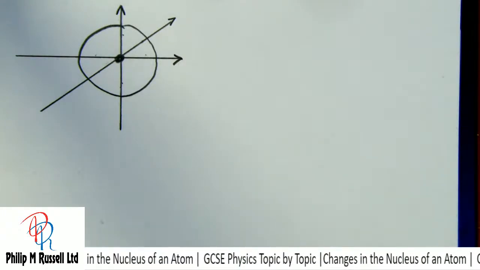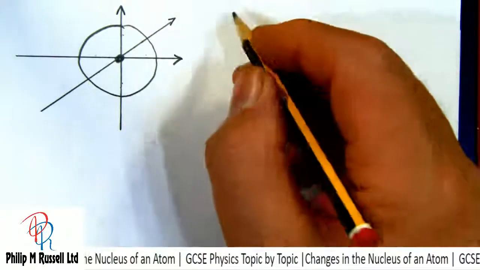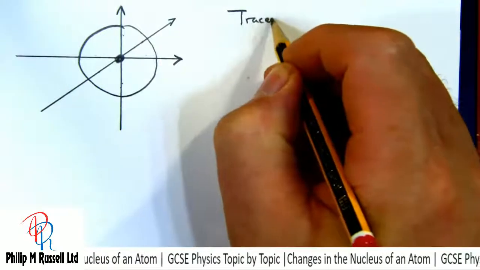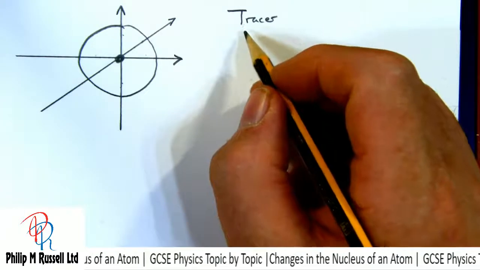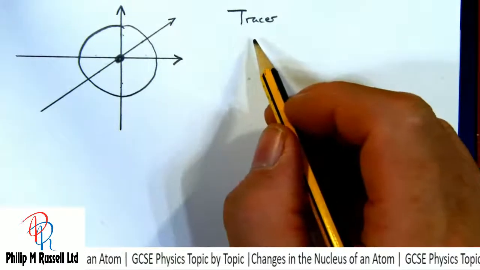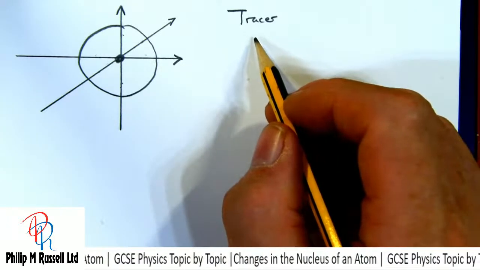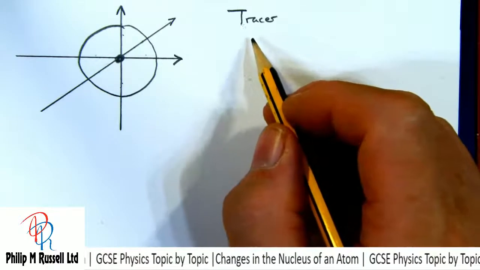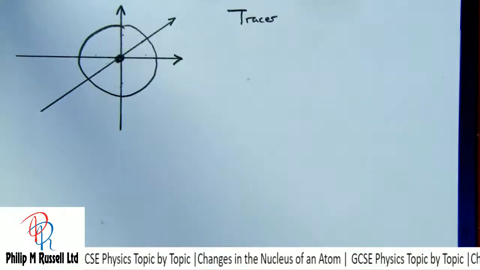So we've got two uses of radiation in medicine. We've got it as a tracer, and we've got it basically for identifying where there's a blockage, or occasionally looking at how an organ is actually working.